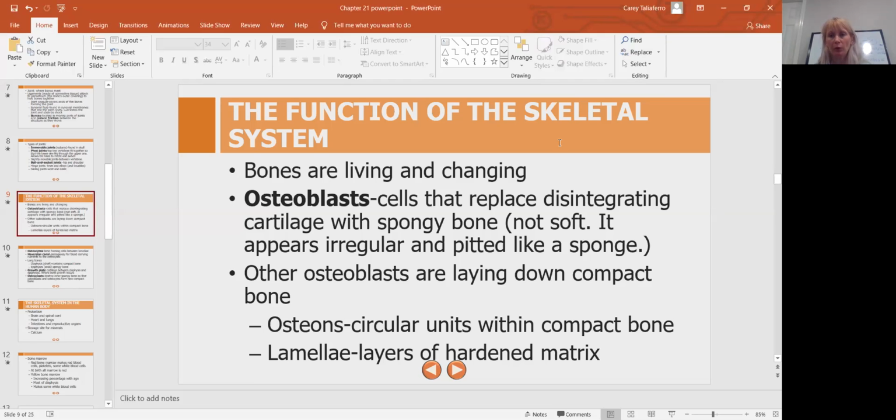So while we think about bones, when you think about death or someone dying and you think about skeletons, you kind of think of this hard, rigid structure, and it is. But while you are alive and you have blood flowing through your system, your bones are very much alive.